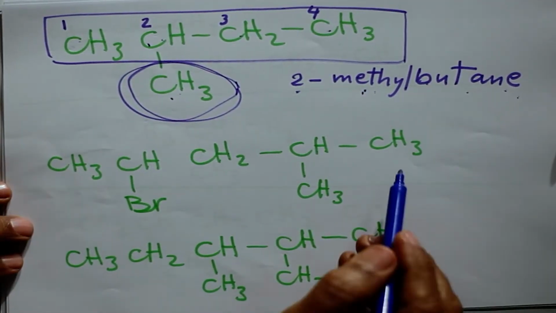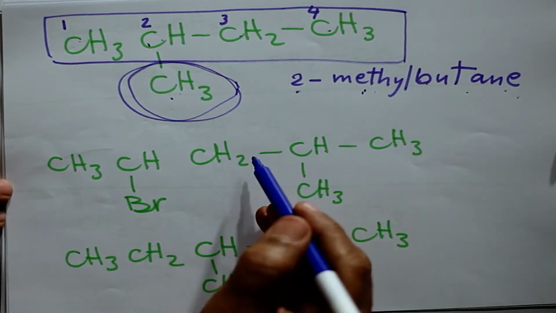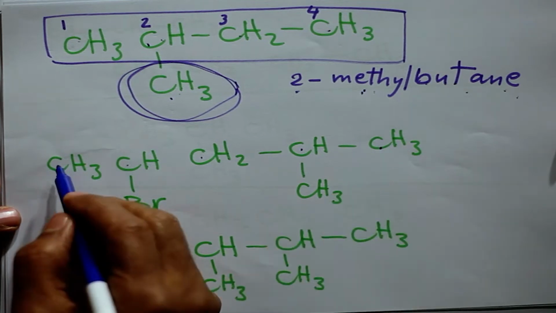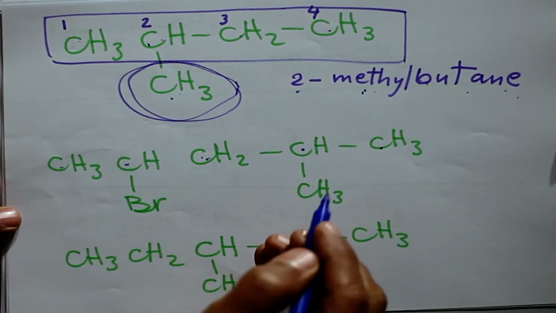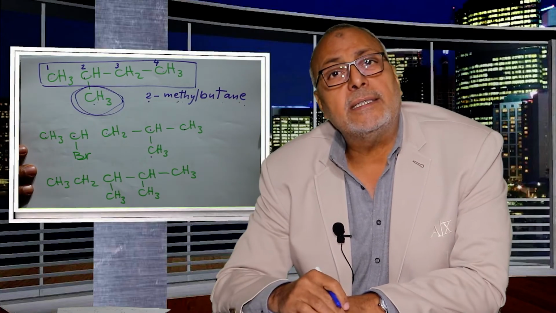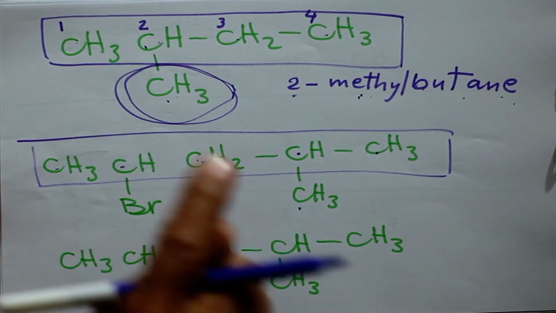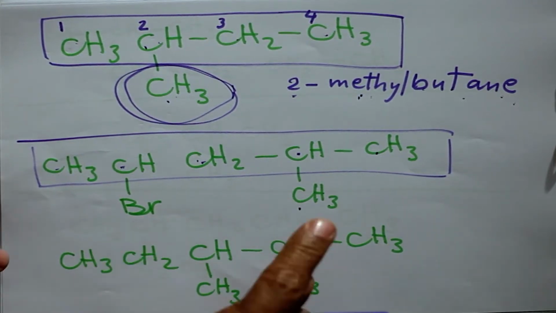Another example: we can get the longest continuous chain 1, 2, 3, 4, 5. We prefer to get a straight chain. Draw a square and number the carbon atoms from the nearest end to the branch.